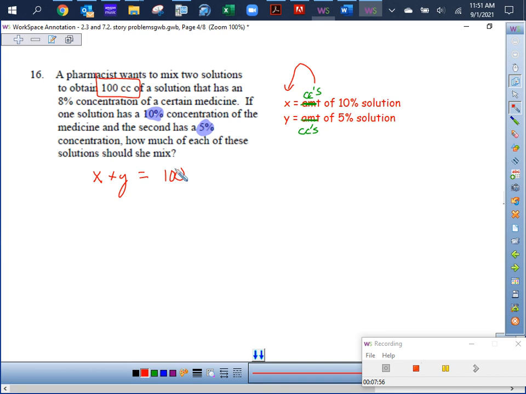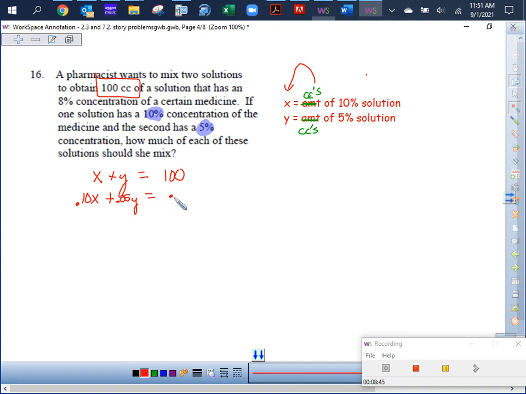Then the percents come in. So 10% of all this plus 5%. Oh, be careful with that 5%. Is it 0.5 or 0.05? Yeah, watch that. It happens to the best of us. 0.5 is 50%. They're supposed to add together to be 8%.